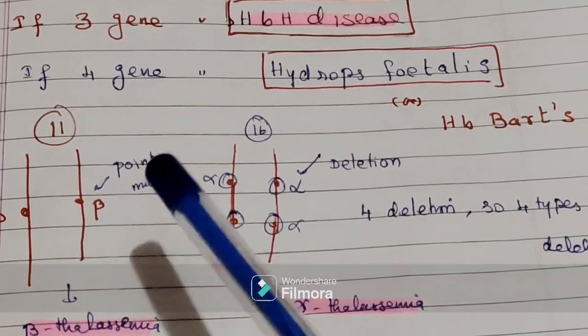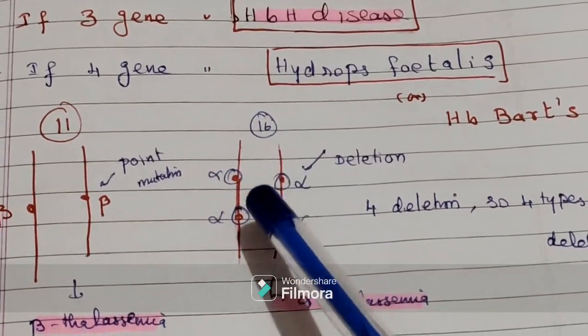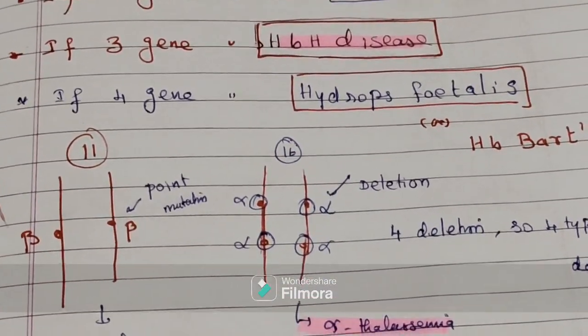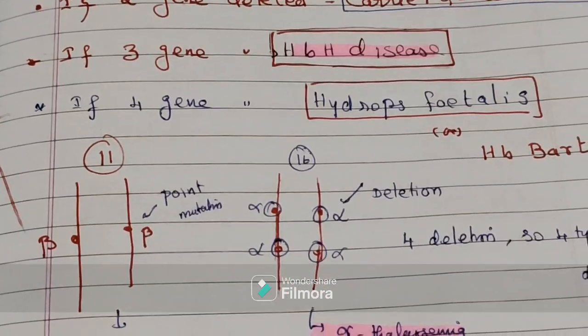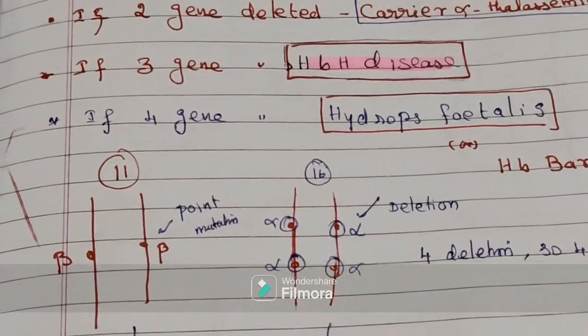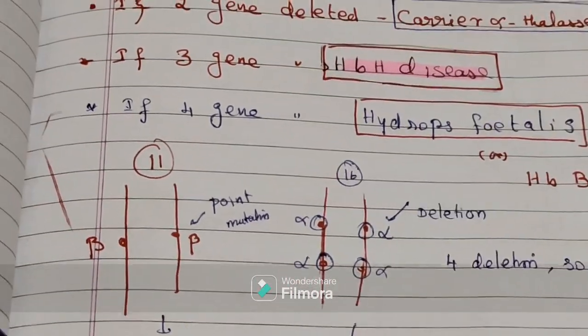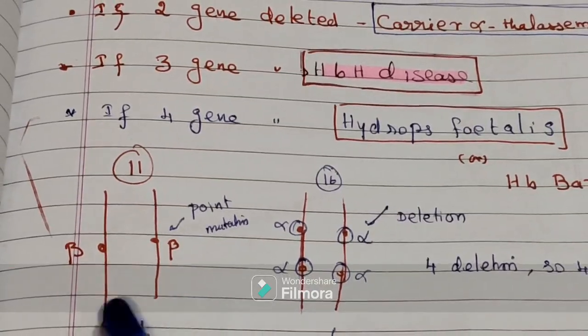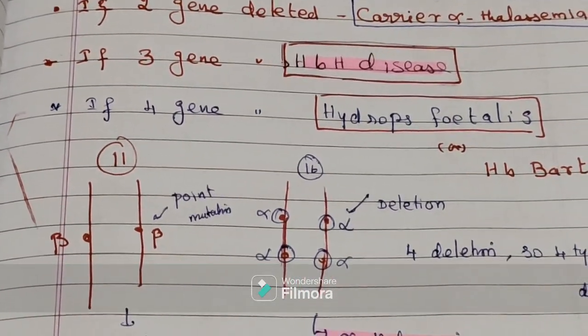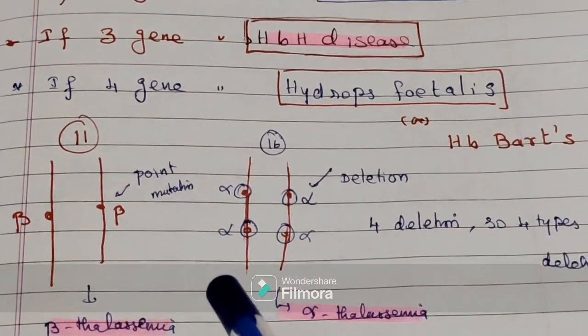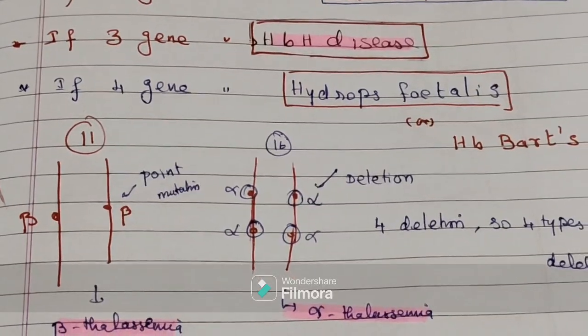Alpha thalassemia is on chromosome number 16, where 4 genes are present, 2 on each chromosome. Here a point mutation leads to beta thalassemia, but in alpha there is deletion.